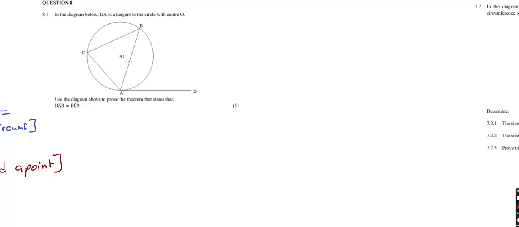I said earlier, often when we do proofs in Euclidean geometry, we first construct. So let's perform a construction. We will construct like this. You can call this part L, it's up to you.